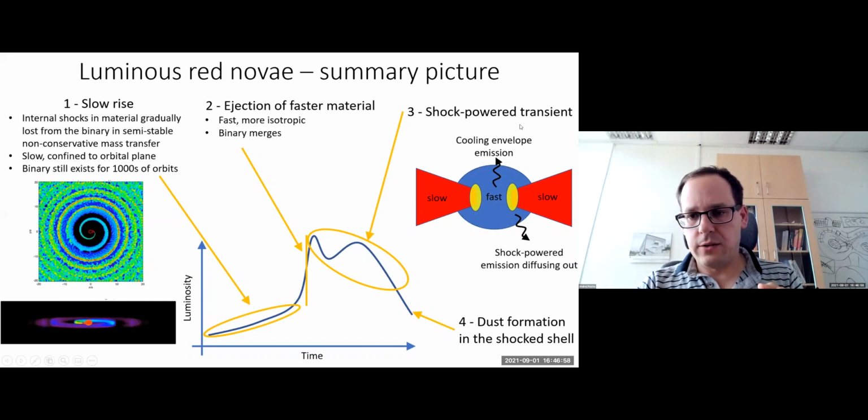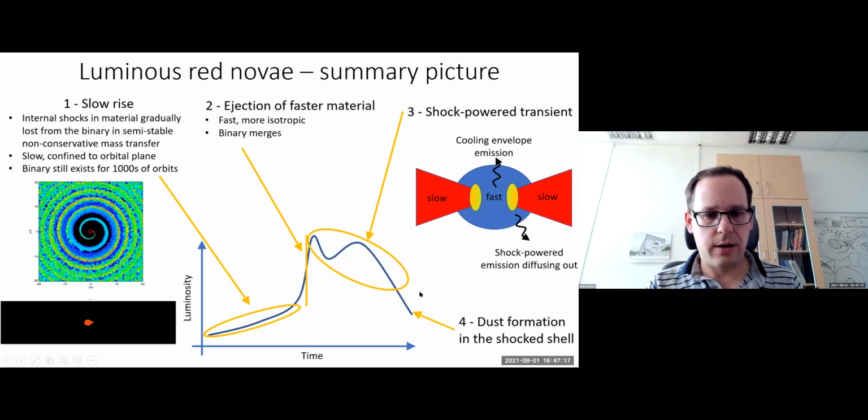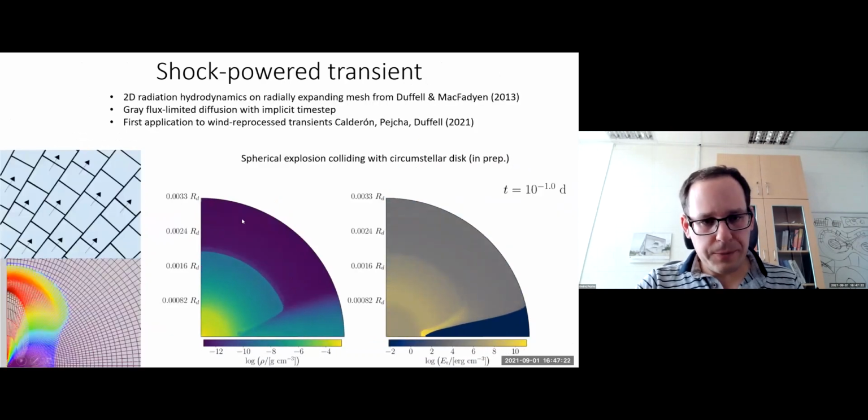As a result, the two components that we have there, the fast and slow, interact in a radiative shock, and we get the two components of emission in the light curve. And finally, this radiatively cooled shock region is dense and cold, and we can get dust formation in the shock shell.